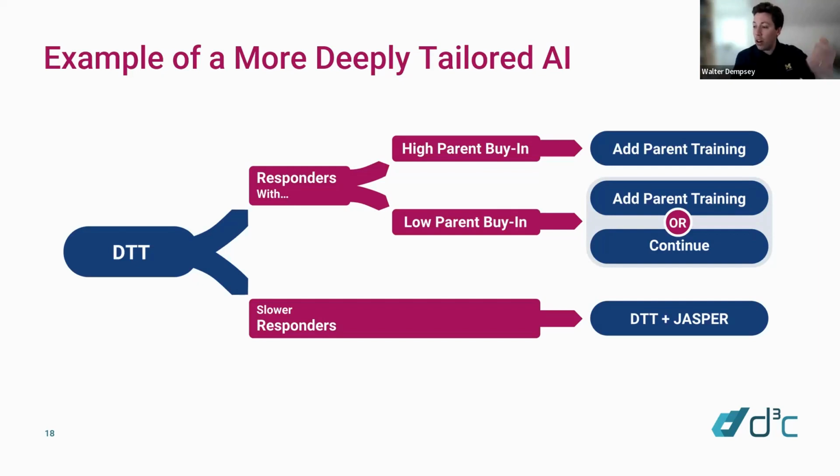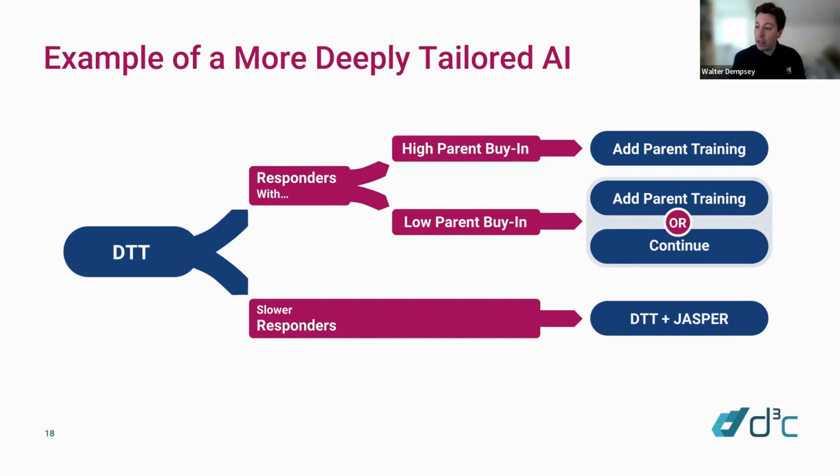So you will measure on the parents whether you think they have high or low parent buy-in. You did not use it in the randomization scheme, but in an after-study analysis, you can now ask the question, for those parents with high parent buy-in, was it better for those responders to add the parent training or not? This is an example of a more deeply tailored AI where we're tailoring on this parent buy-in variable. And so that's the benefit of a SMART trial.